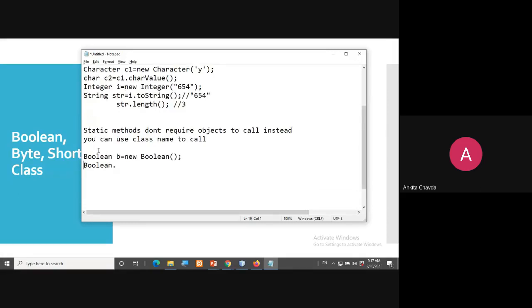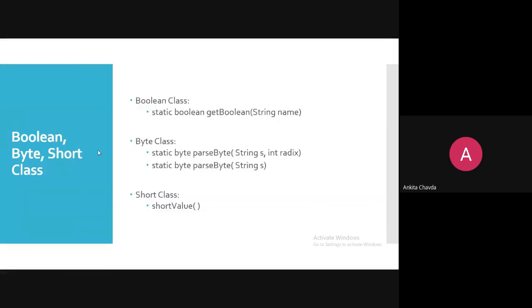So Boolean dot getBoolean is the method, and whatever you pass will be assigned somewhere. This class has only a single method. We don't have any example of this, because it is not so important. It would have the member constants like true and false.